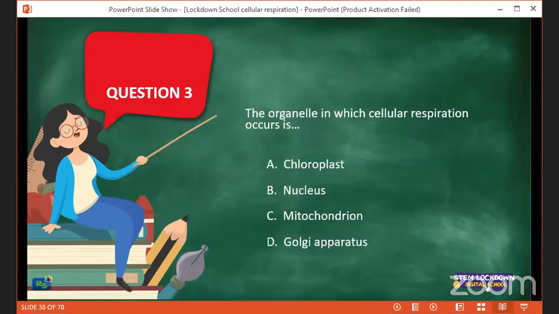Question 3. The organelle in which cellular respiration occurs is A, chloroplast, B, nucleus, C, mitochondrion, or D, Golgi apparatus.